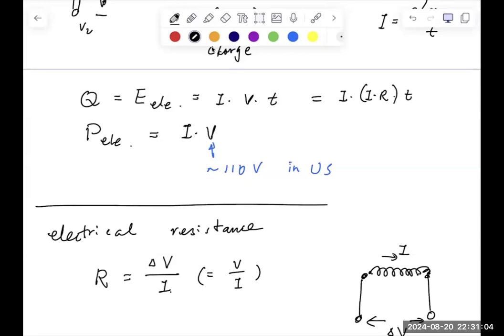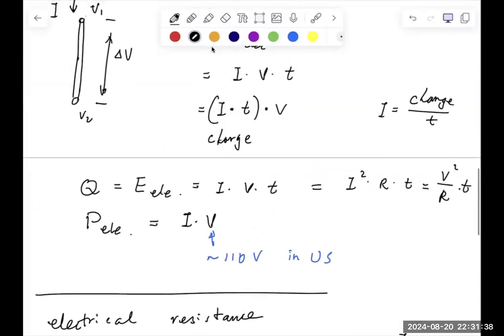So therefore, you can even combine the I together. That becomes I squared R. Or otherwise, you can change the I using this ratio, and that will combine the V as V squared over R. So you can also write it that way.